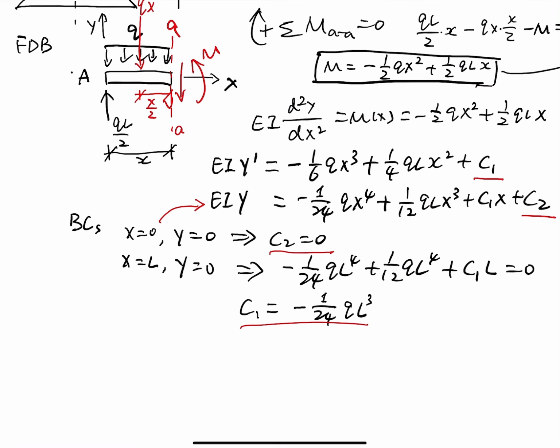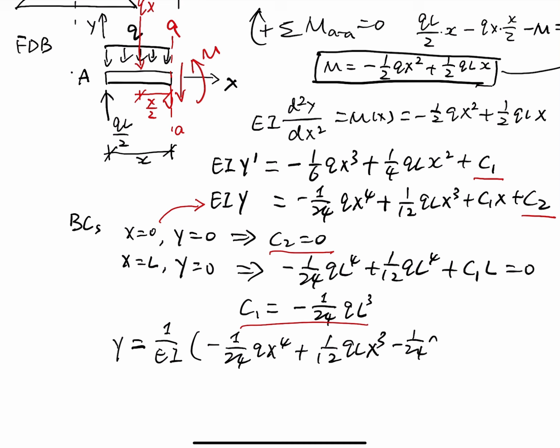So we got c2, we got c1, so we have the expression for the deflection, that is y equal to 1 over EI times qx to the fourth plus ql x cubed plus c1 x plus c2. Here c1 is shown, it's minus 1 over 24 ql cubed x, and c2 equal to 0. So this is the expression for the deflection.